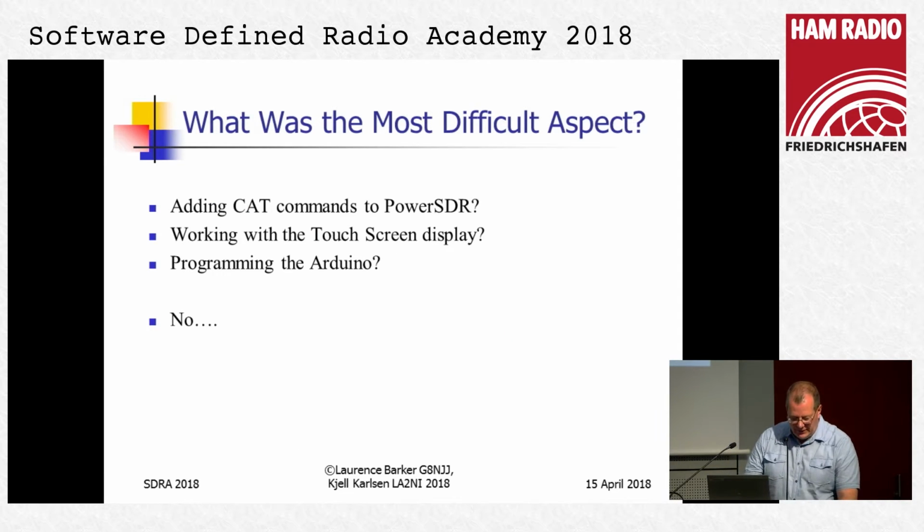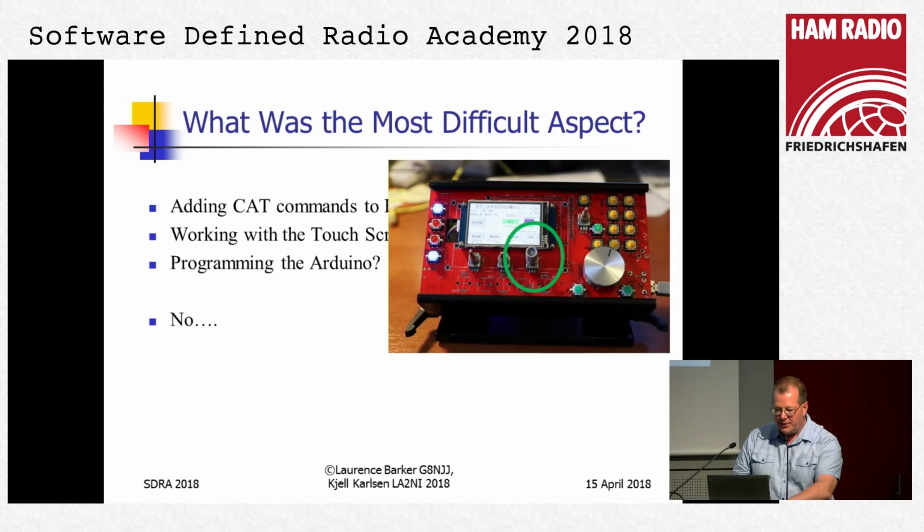So, lastly, a quick question. What was the most difficult aspect of this design? It could have been adding in cat commands into PowerSDR, for which I've had to learn somebody else's program. It could have been using the touchscreen display, where we have to create a description of the display and then interpret characters that come from that. Could have been writing the Arduino program. Well, none of those were actually greatly difficult.